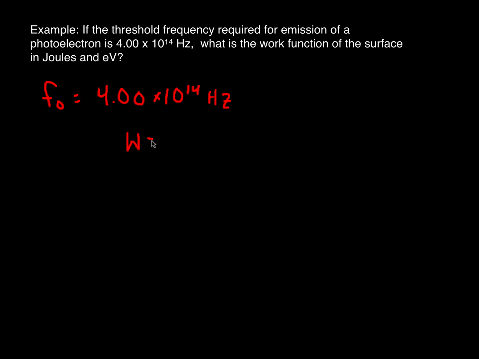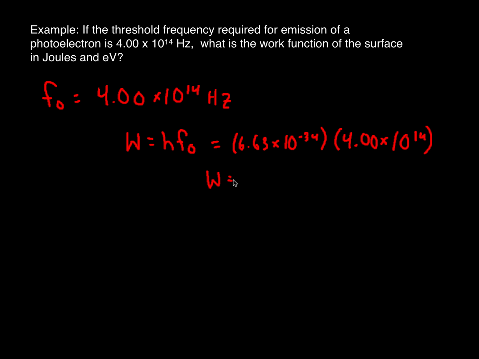We use the formula work function equals hf. Since we want to get this in joules and electron volts, we use Planck's constant for joules first, 6.63 times 10 to the minus 34 times the threshold frequency of 4 times 10 to the 14 hertz. This gives us a work function equal to 2.65 times 10 to the negative 19 joules.